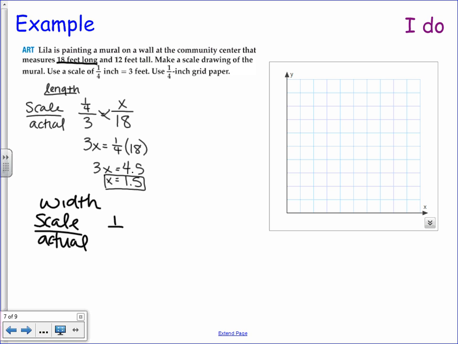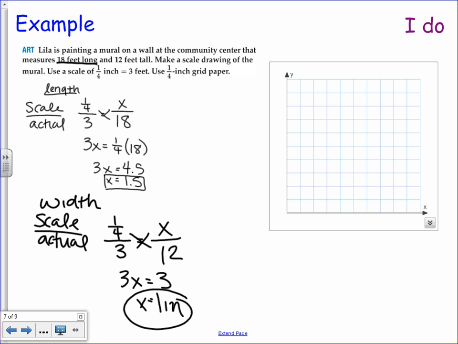And so we've got our scale of 1/4 to 3, and we're looking for that scale. And we know that the width is 12. So we multiply here and we get 3x equals 3 and x equals 1 inch. Okay, so now it asks me to actually draw what this represents. So I've got my width being 1 inch and my length being 1.5 inches.